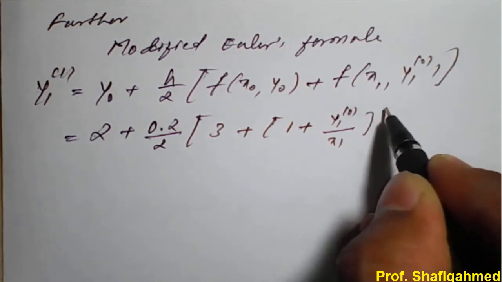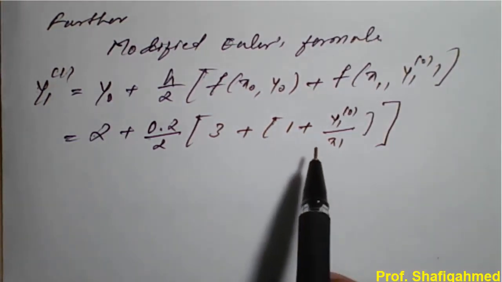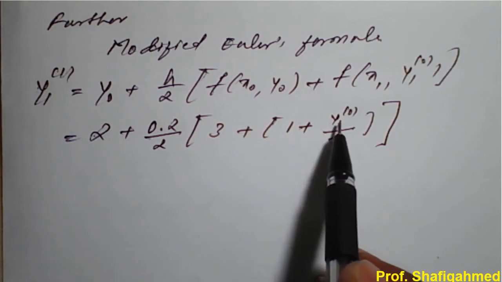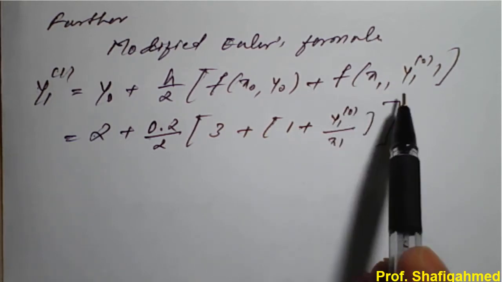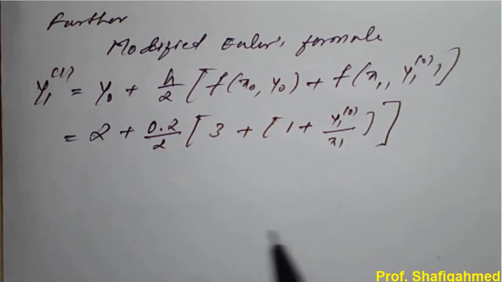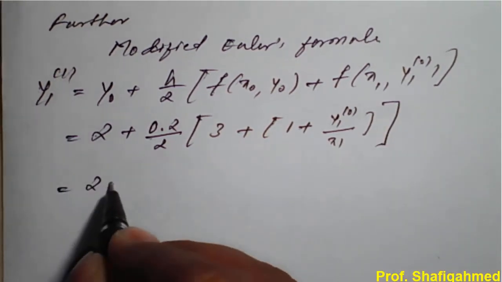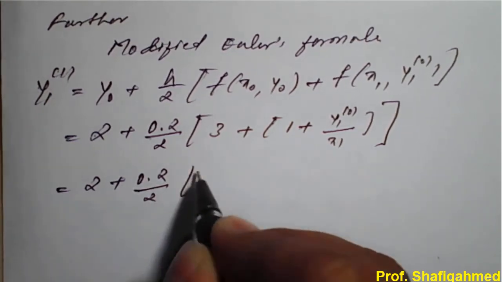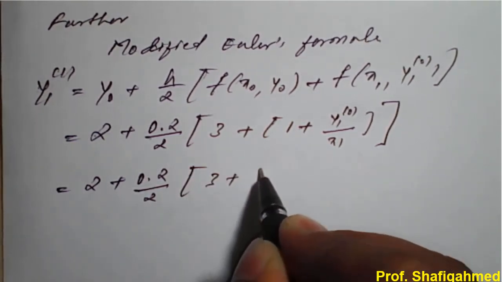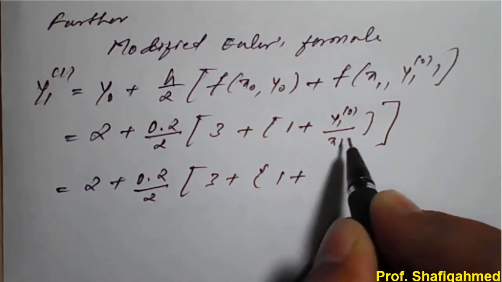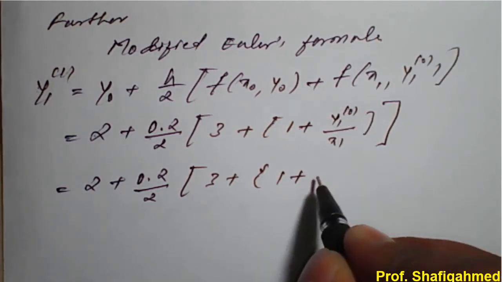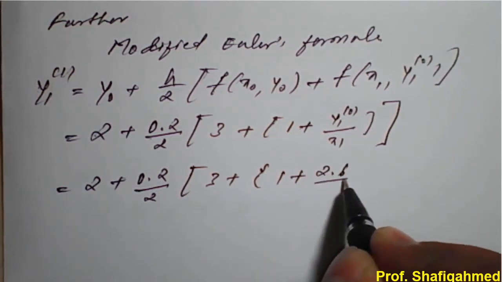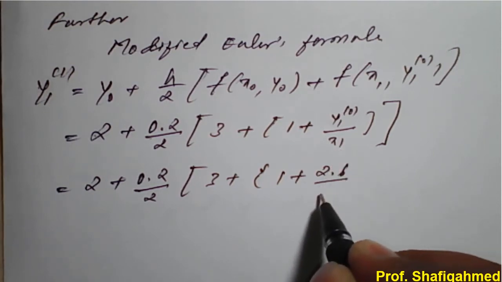Hope you have got this step clearly, because our given question is 1 plus y upon x. So now x will be replaced by x1 and y will be replaced by y1 of 0. So therefore 2 plus 0.2 divided by 2 into 3 plus 1 plus y1 of 0, we got 2.6, divided by x1 we have calculated.